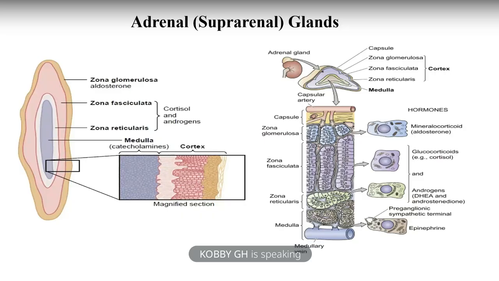The innermost part of the cortex, the portion closer to the medulla, is the zona reticularis. But the middle portion of the adrenal cortex is zona fasciculata.